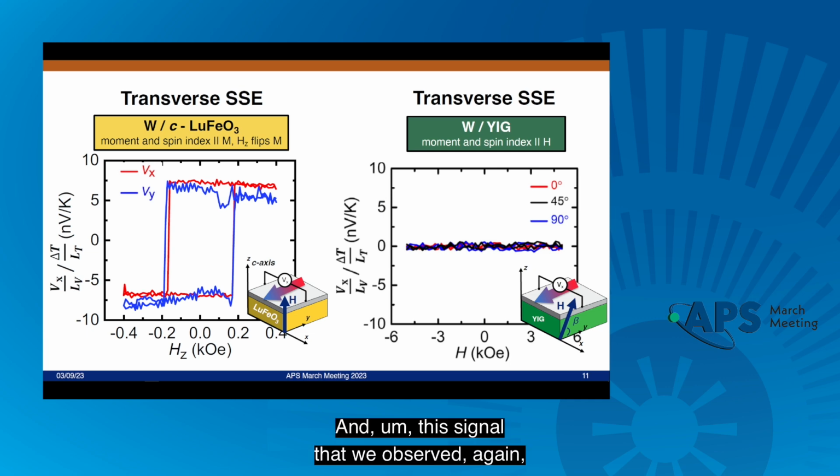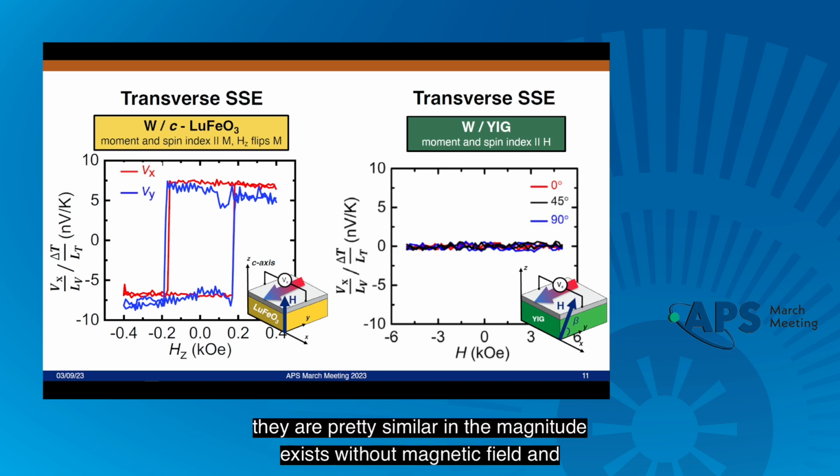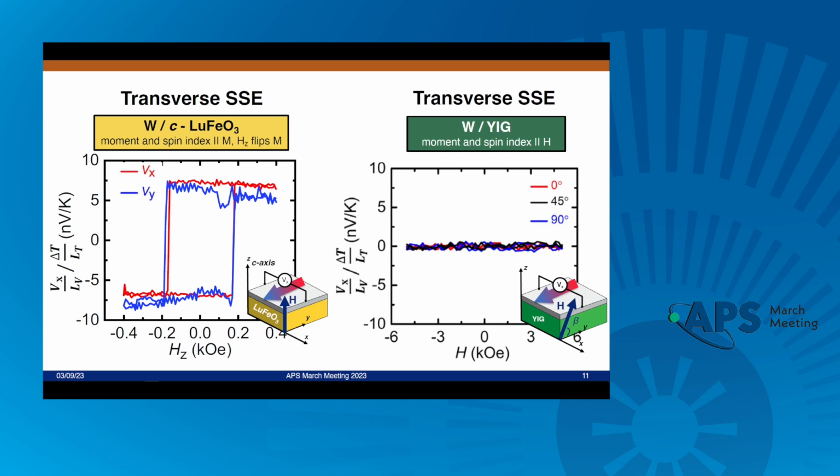This signal that we observed, again, still resembles pretty well the vector VSM data. They are pretty similar in the magnitude, exist without magnetic field, and can be flipped by a small amount of magnetic field. And that's pretty surprising to us.